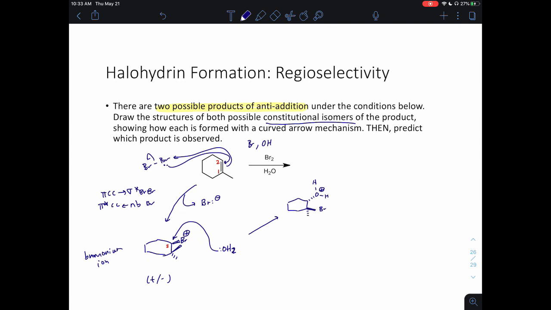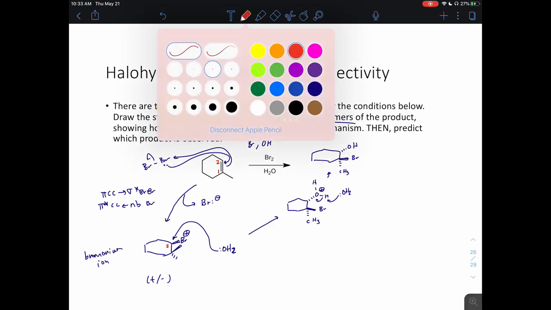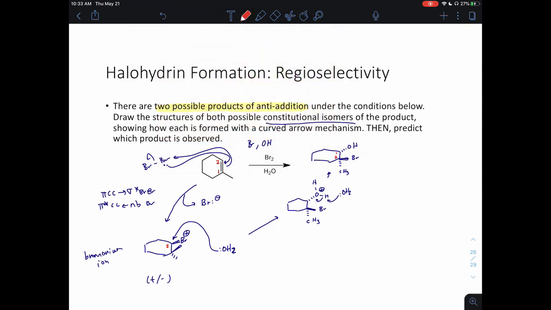So you can see there's that anti-relationship between the water that attacked and the bromine, which is what we expect. All right, so we would have this product. And it will be a racemic mixture, right?